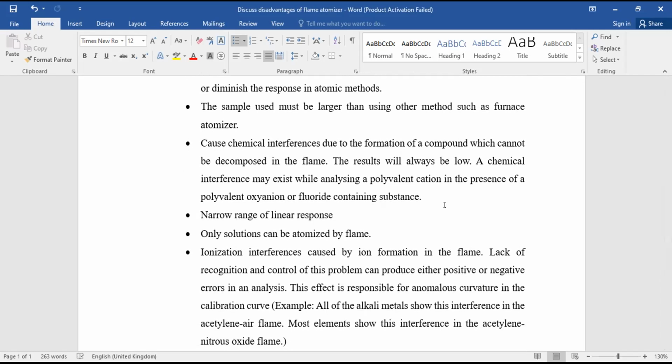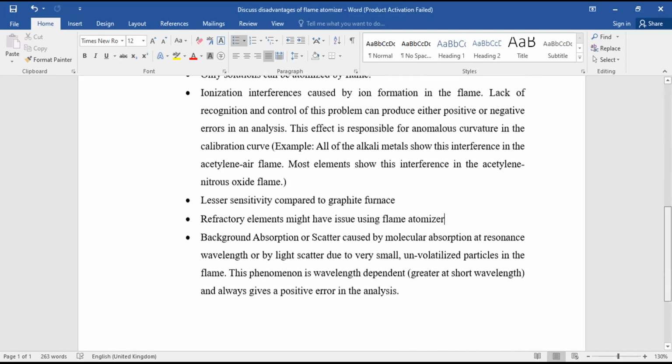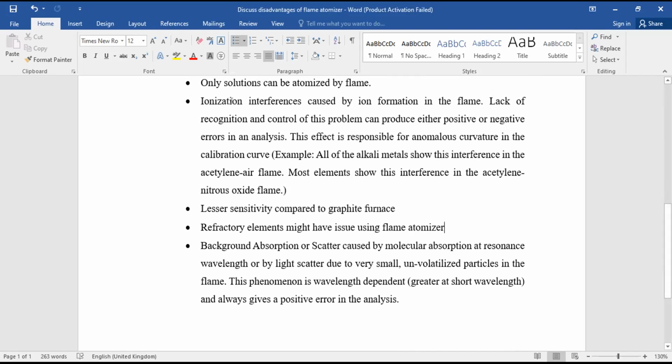This result is usually very low on the spectrum, but it is still chemical interference, especially for certain substances like those listed here: polyvalent cation in the presence of polyvalent oxyanion or fluoride-containing substance. And fifth is a narrow range of linear response. And the next one is that only solutions can be atomized by the flame, which is another disadvantage.